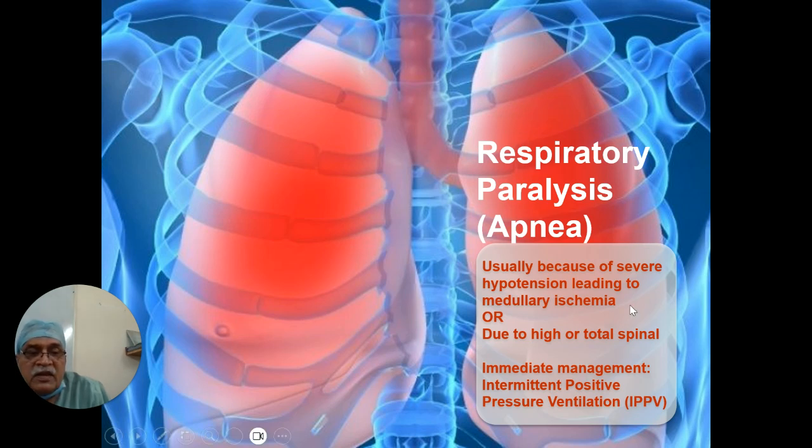Rarely, because of the high spinal, respiratory paralysis and respiratory failure can occur. Usually, the level is high enough that we have to intubate the patient and control the ventilation, and also treat the associated hypotension.